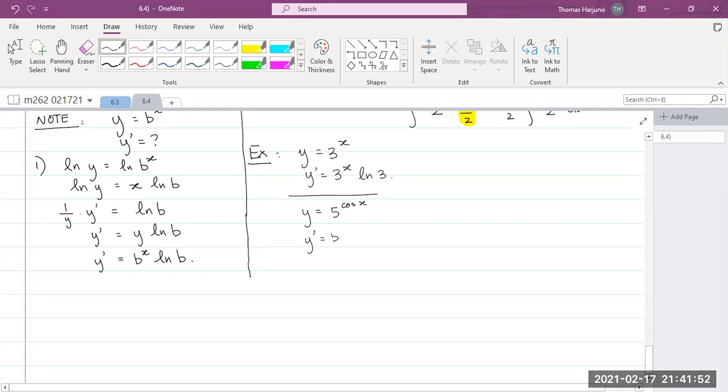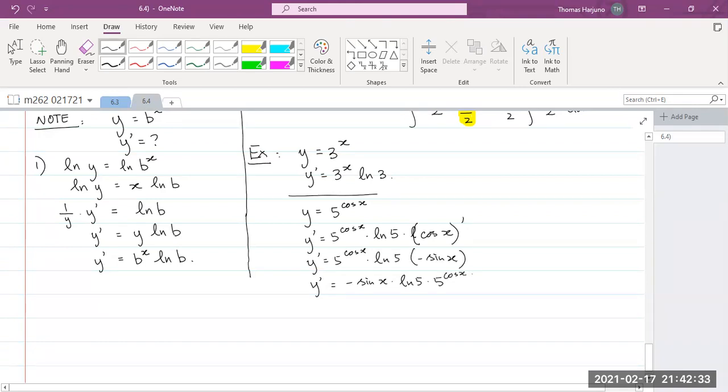The y prime will be itself times the change of base times the chain from the exponent. So the derivative will be negative sine x times ln 5 times 5 to the cosine x.